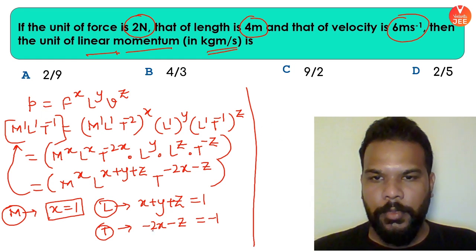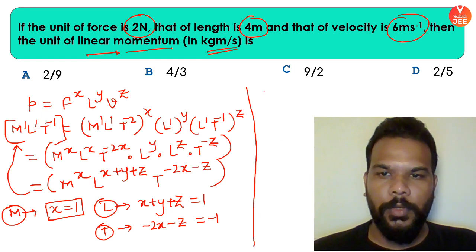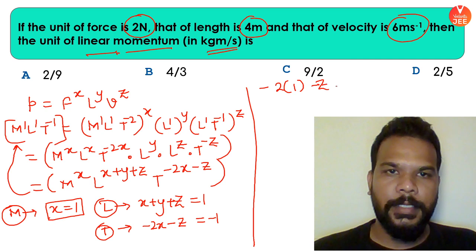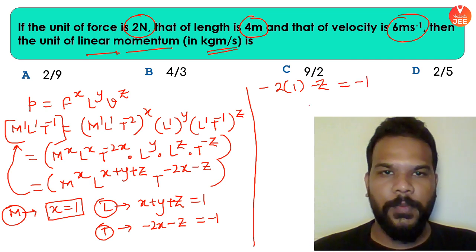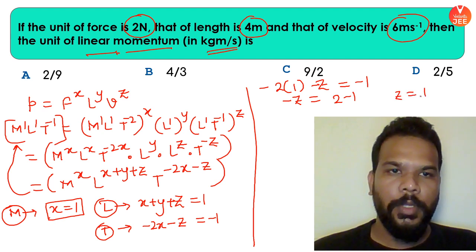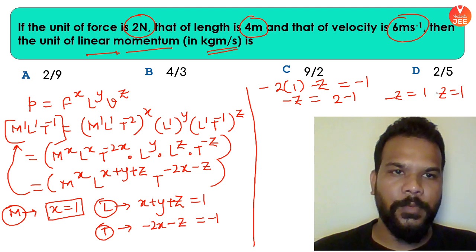So I know the value of x. In the power of T, if I put that, minus 2 into 1 minus z is equal to minus 1. So I have minus z equal to 2 minus 1. That means minus z is equal to 1, so z is equal to minus 1.